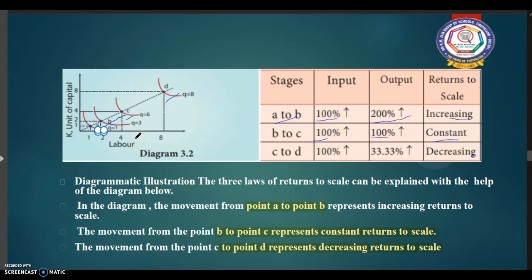Next one, decreasing returns to scale, denoted by the movement from point C to D. Doubling the factors from 4 units to 8 units produces less than the increase in inputs, that is only 33.33%, but the input is 100%, so it is decreasing.